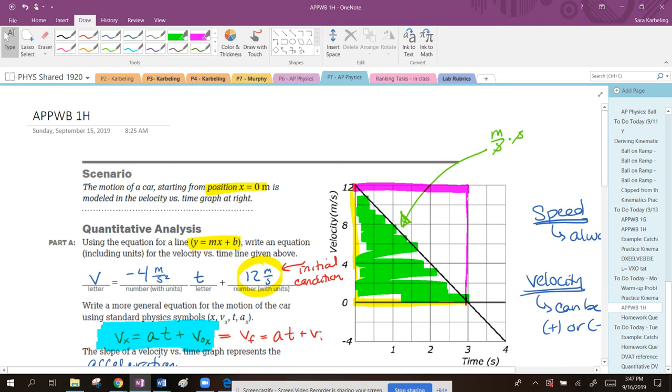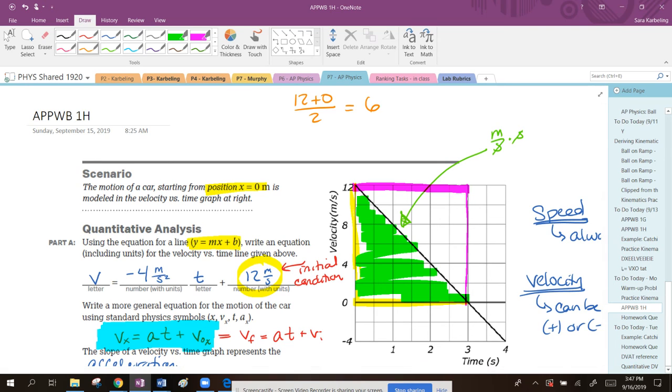Negative 6? Negative 6 is down here. Or 6. How do you find the average between two numbers? Add them, divide by however many numbers. 12 plus 0 divided by 2 is 6. Okay?